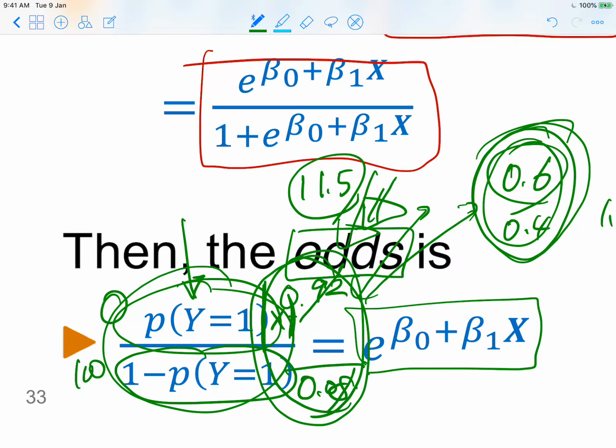So this odds is modeled as, I forgot the model class of this particular case, but we model our odds ratio as exponential, e to the power of a linear combination.